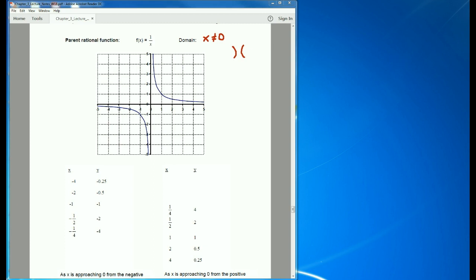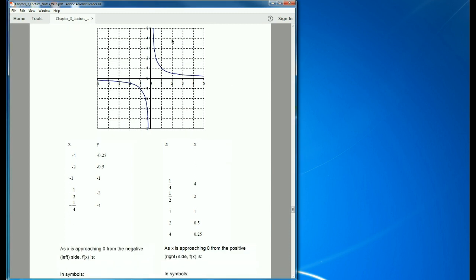All right, so let's look at some of the points that we used when we plotted this back in chapter 2. These are the values I gave you. These are the values you guys calculated and used to plot. So for example, at x equals -4, the output is -1/4 because it's the reciprocal, just take 1 over it.